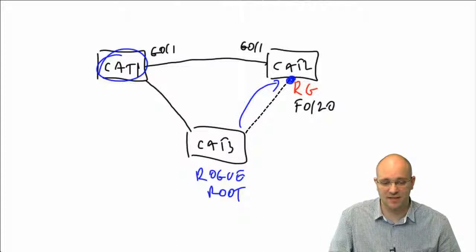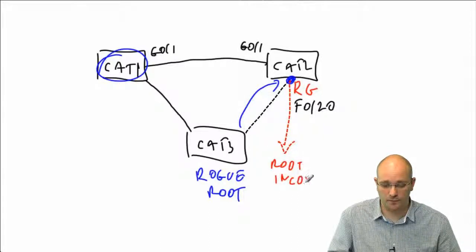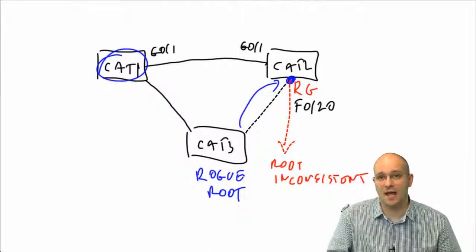When this happens, what Cat2 is going to do, it's going to put this port here into a root inconsistent state. Let's take a look at this in action.